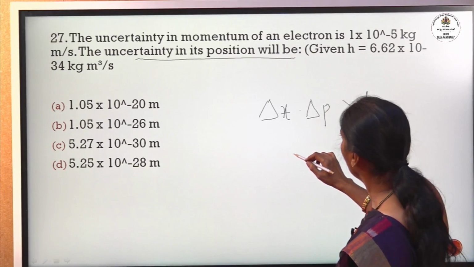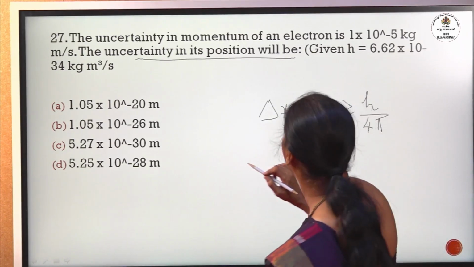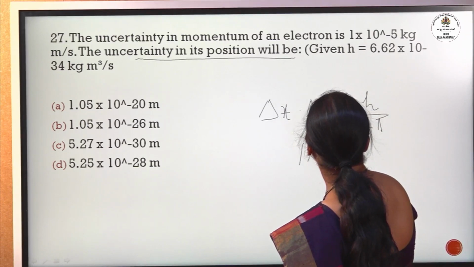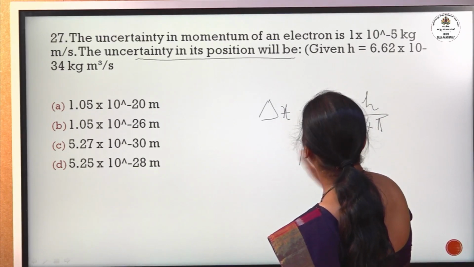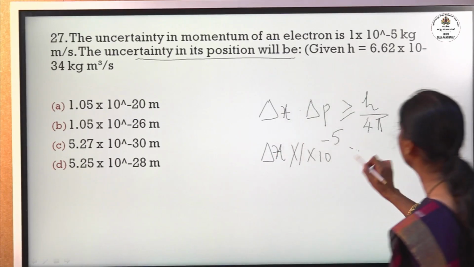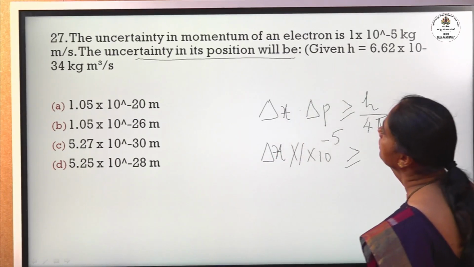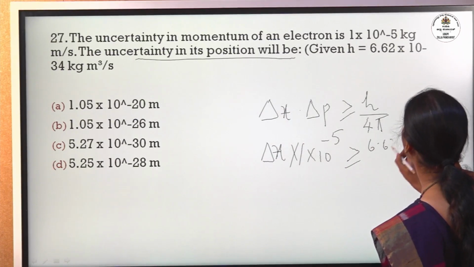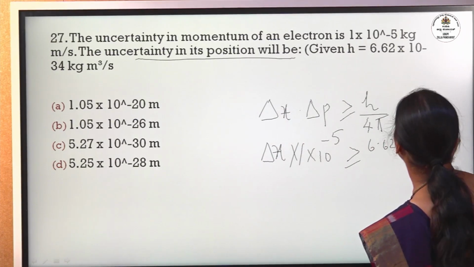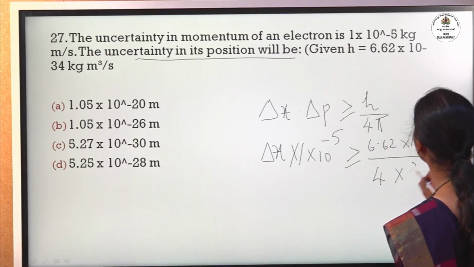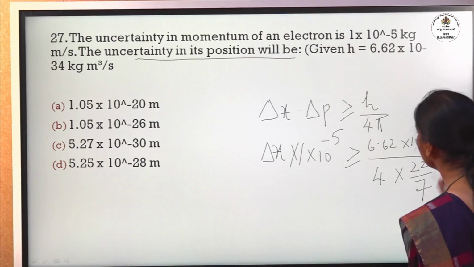So, uncertainty in momentum is 1 into 10 to the power minus 5. The value of h is given, 6.62 into 10 to the power minus 34, by 4 into pi, where pi is 22 by 7.